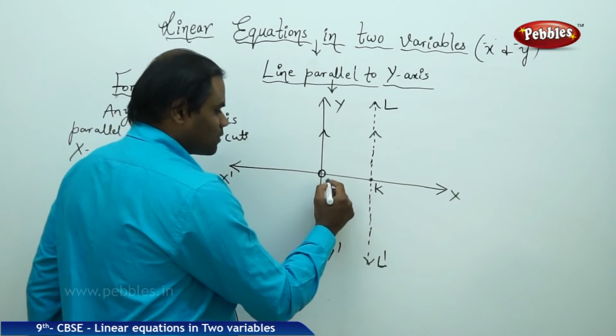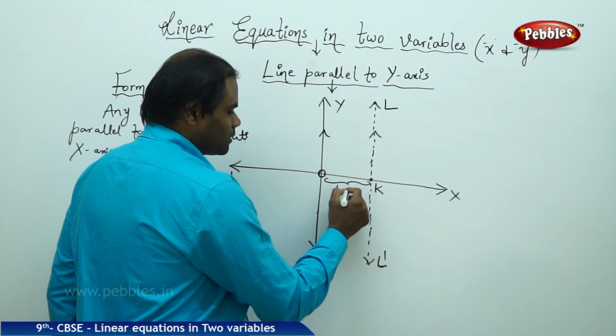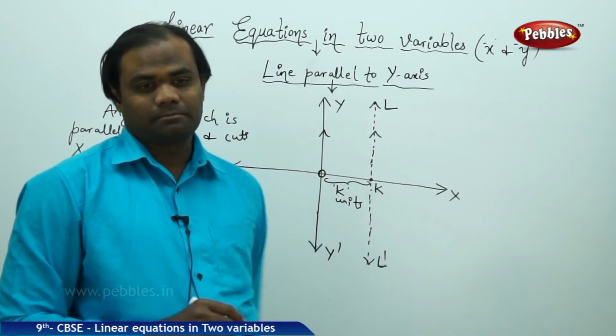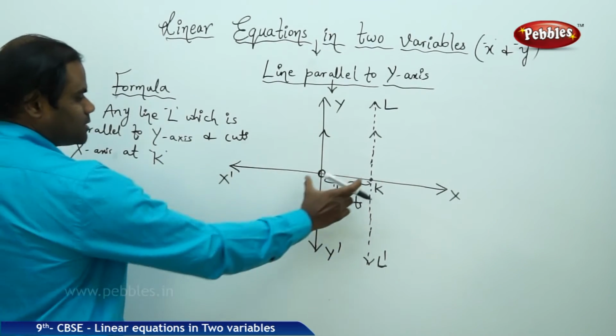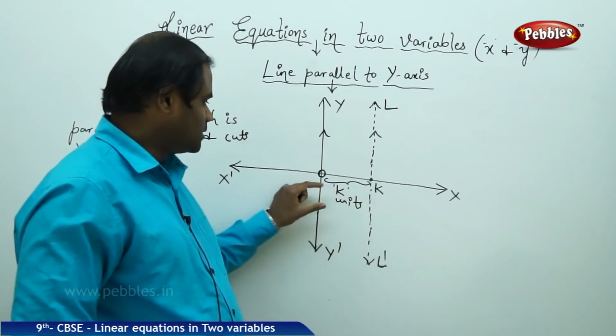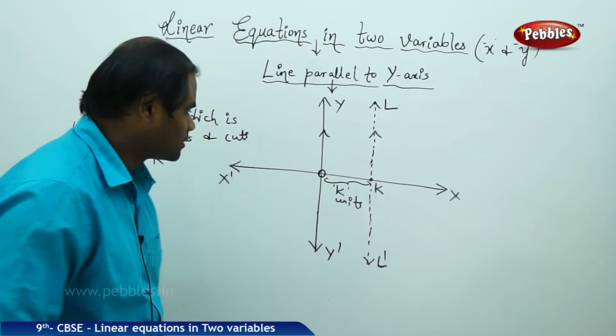that is, the distance from origin to k is k units. So geometrically, this distance is k units, that is the distance of the line from y-axis is k units, which is how I understand the concept.